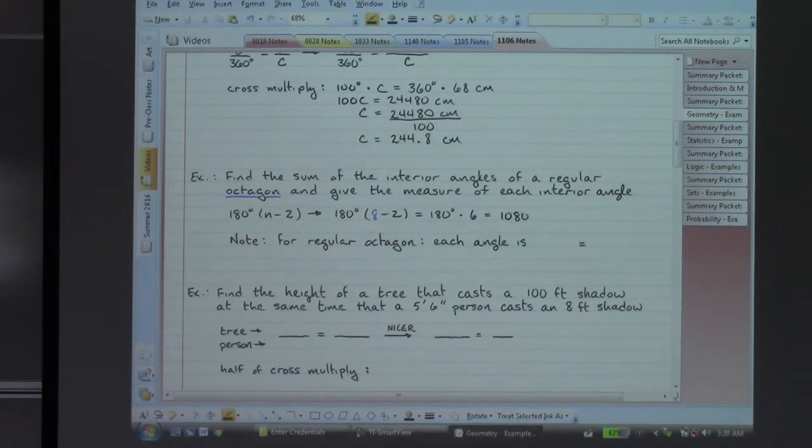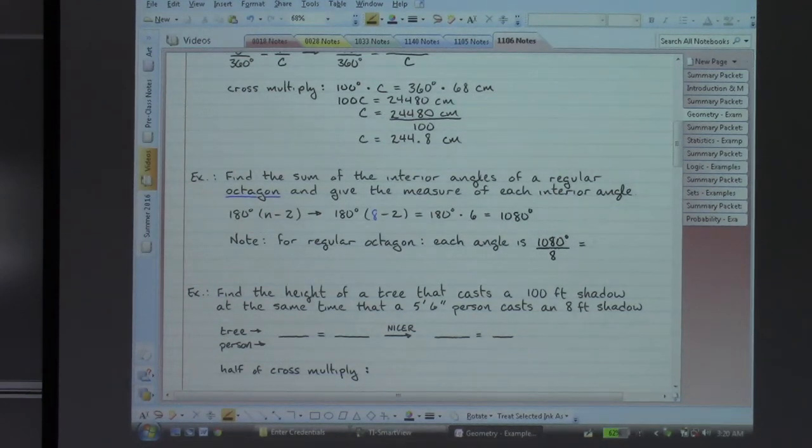That ends up being 1080 degrees, or for the skateboarders and snowboarders, etc. of you, a 1080. Because they also ask us for the measure of each interior angle, that is going to come from the fact that of the total 1080 degrees, we have 8 angles.